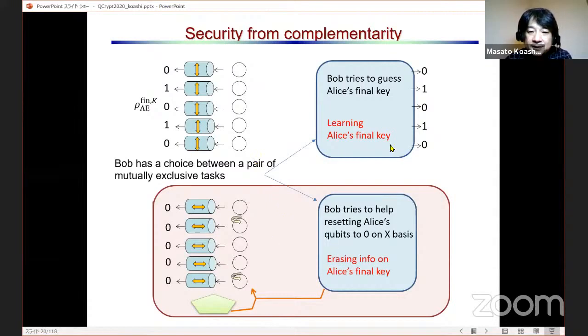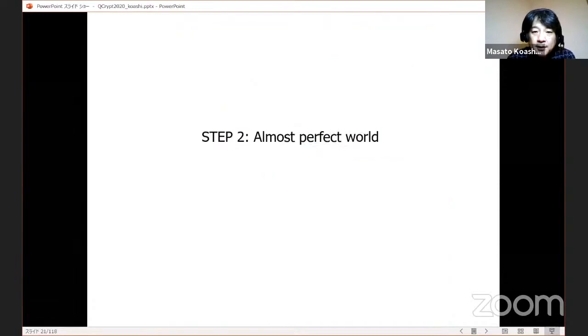So obviously this task and this task are mutually exclusive. Appearing as a pair of mutually exclusive tasks is a property of complementarity in quantum mechanics. So in this sense, this phase approach is connecting the property of a secret key to the quantum property of complementarity. Okay, so this is the story about when there are no errors.